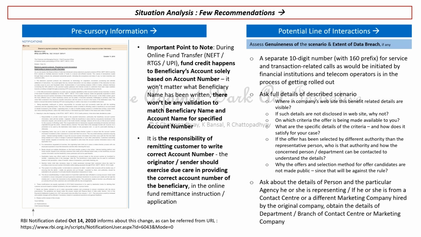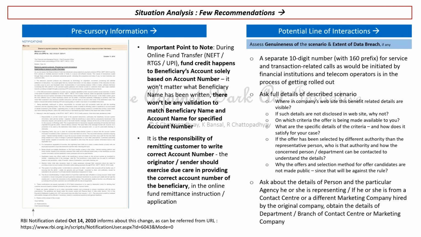In online fund transfers like NEFT, RTGS, and UPI, the fund credit happens to the beneficiary's account solely based on the account number. It won't matter what beneficiary name has been written. There won't be any validation to match the beneficiary name and account name for a specific account number.